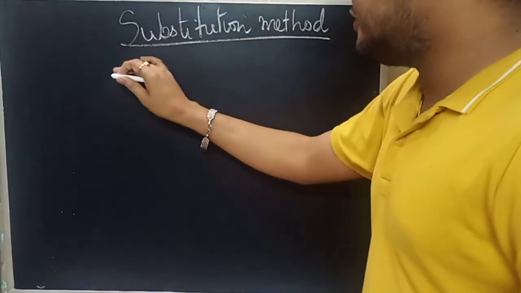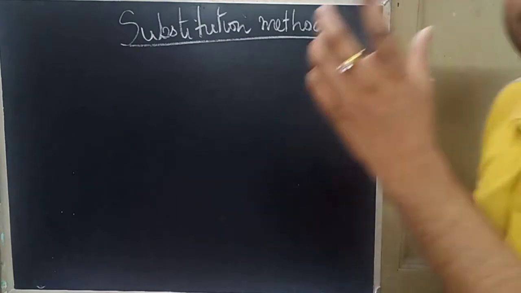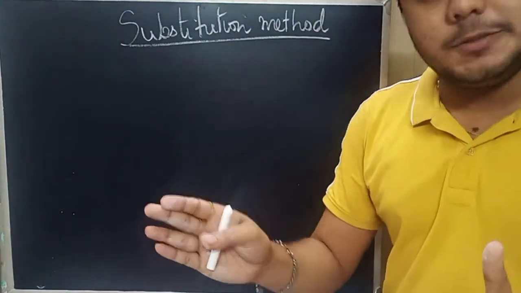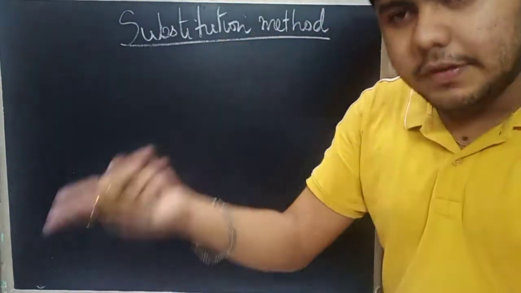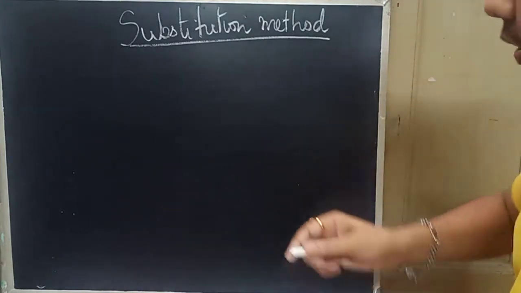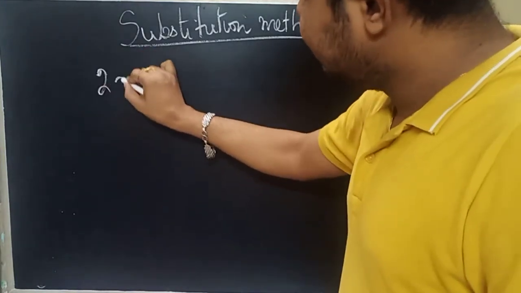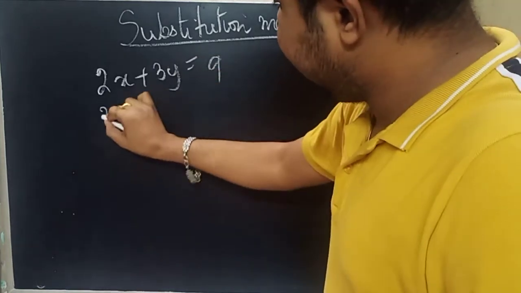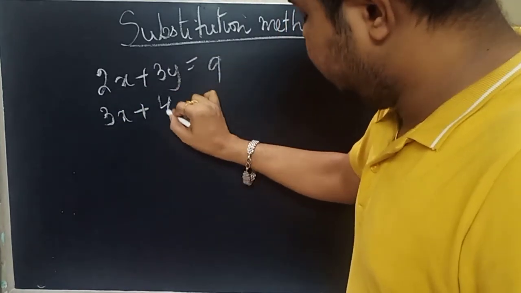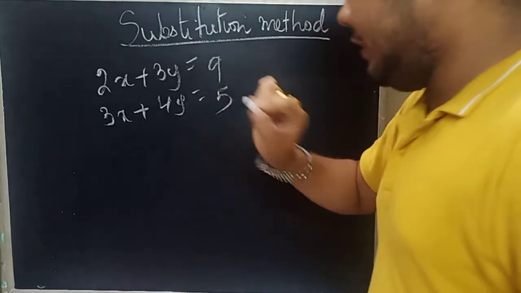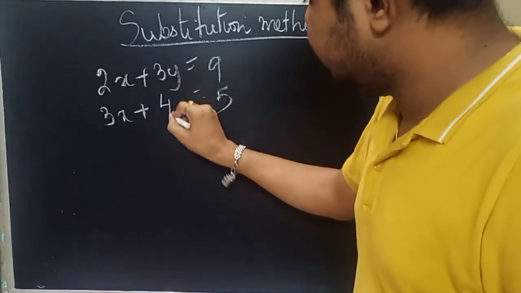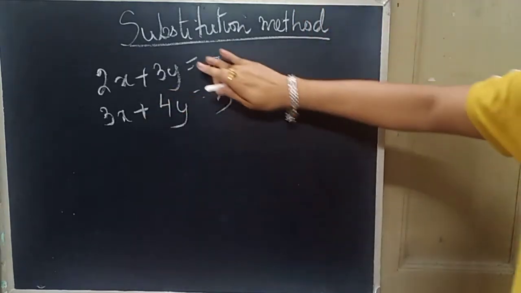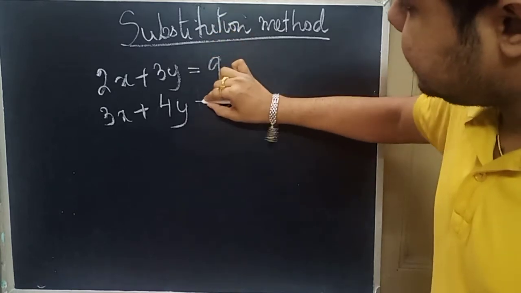The word substitute itself means that we have to substitute a value of the given expression and put that value in the next equation. Suppose you are given the equations 2x plus 3y is equal to 9 and 3x plus 4y is equal to 5. These are the two equations given to you. So I have to solve these two equations by substitution method.